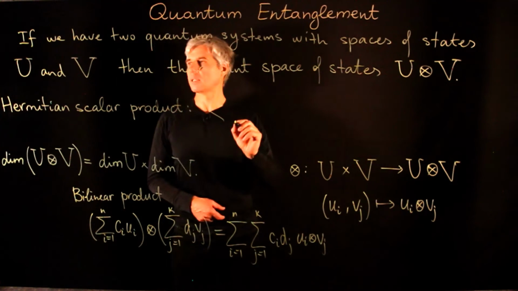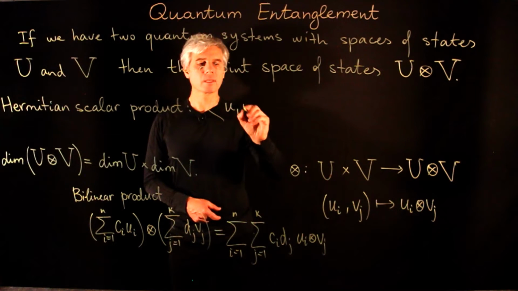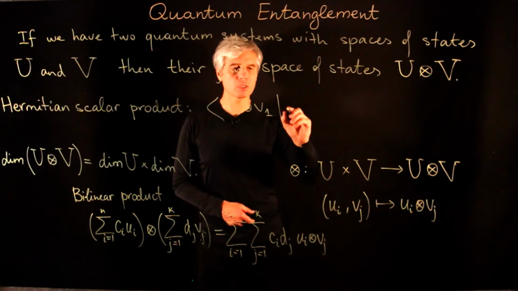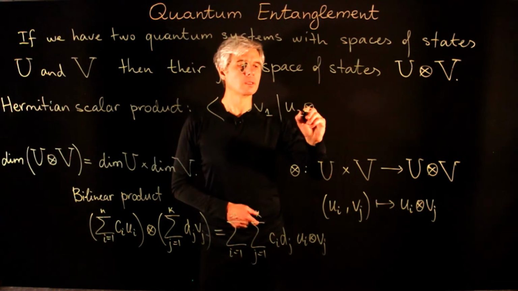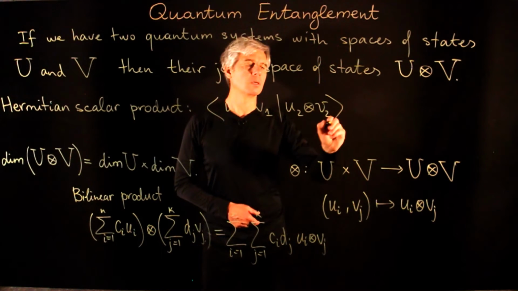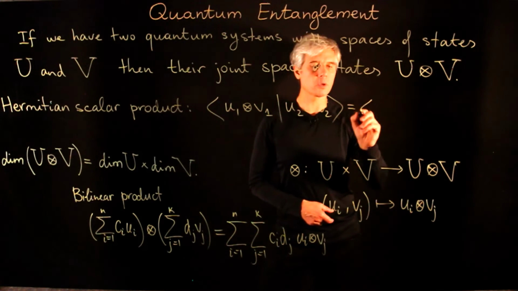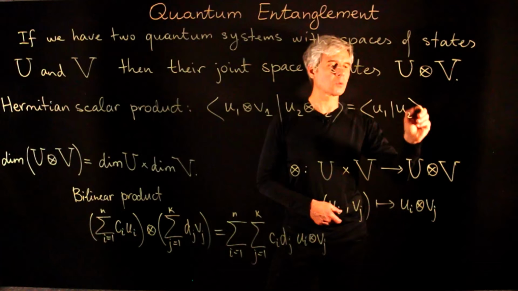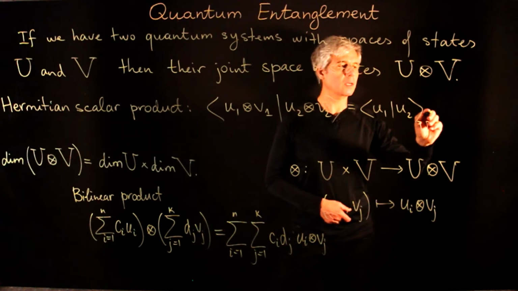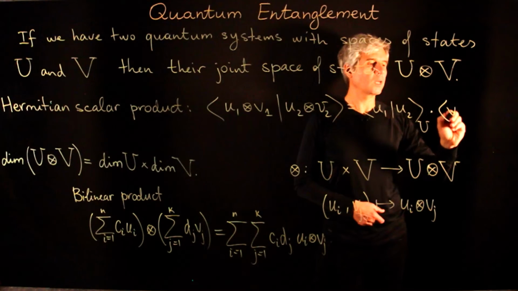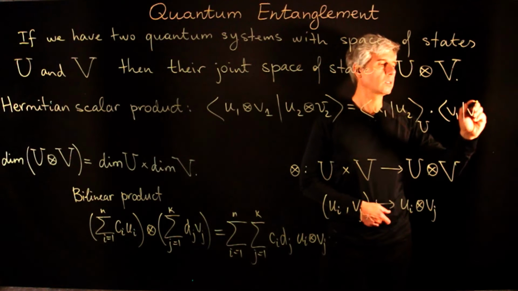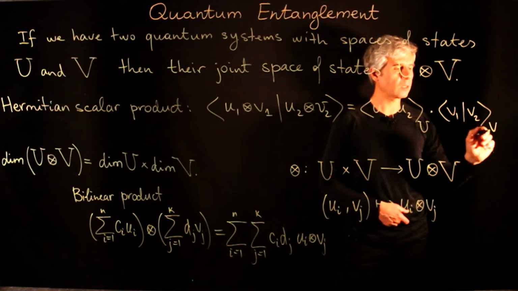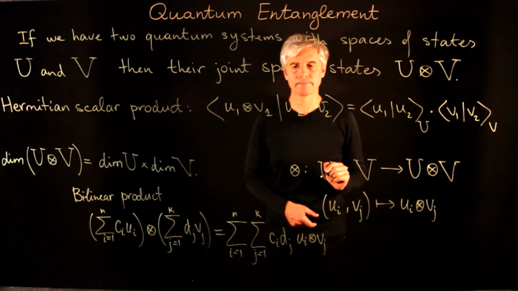If we have u1 tensor with v1, and we take the Hermitian scalar product with u2 tensor with v2, then this is just the product of the scalar product of u1 with u2 in the space U, times the scalar product of v1 with v2. This Hermitian scalar product is taken in the space V.